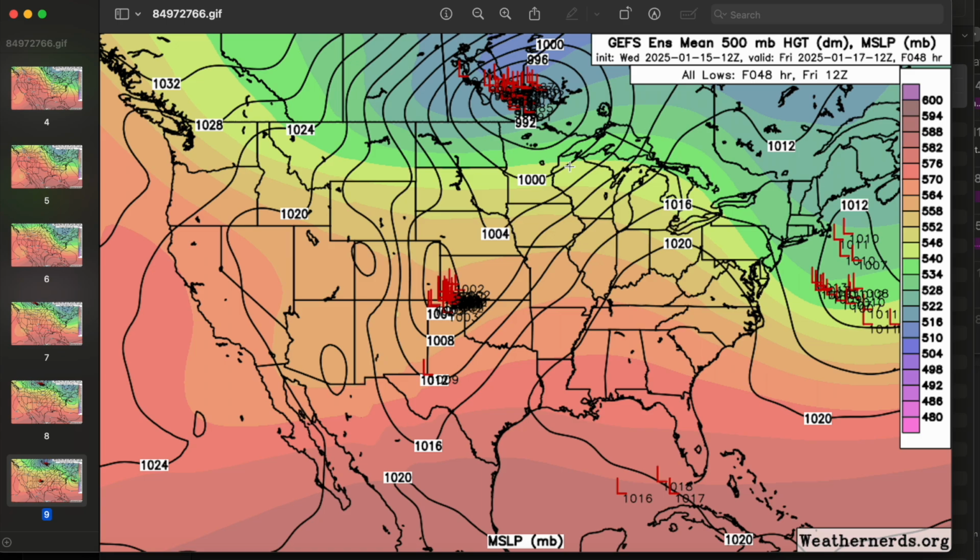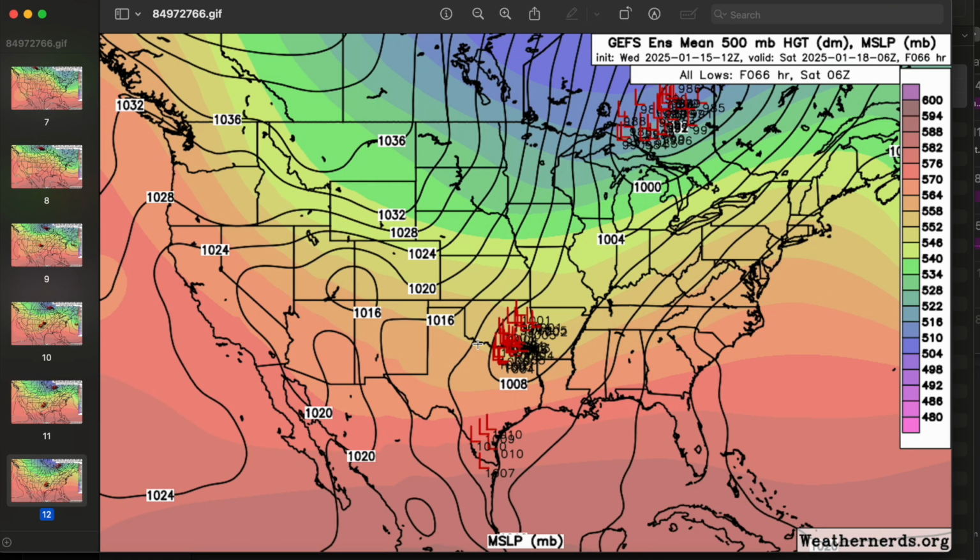Now, I like this map from our friends at weathernerds.org because each individual low pressure center from each individual member is mapped, and you can see where each member forecasts the position of the low, and the black lines are the mean or the average of those positions. I really like this because it gives you a sense of how certain the forecast will be.